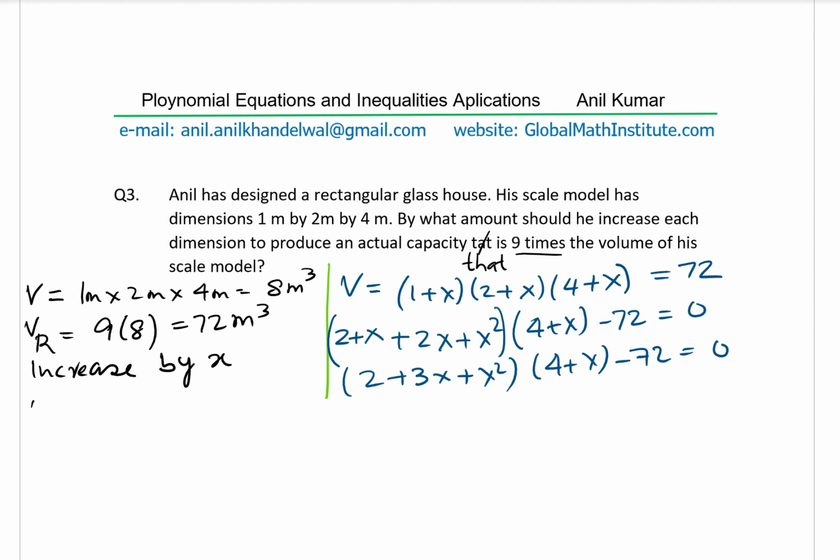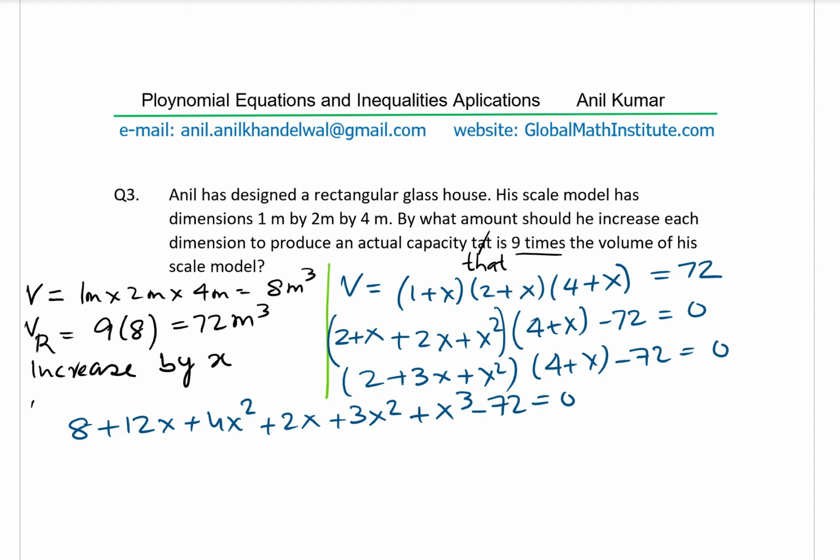Now let's multiply with 4 plus x. So 4 times 2, let's write down here, 8 plus 12x plus 4x squared, and then with plus x we get plus 2x plus 3x squared plus x cubed minus 72 equals to 0. That becomes the equation now.